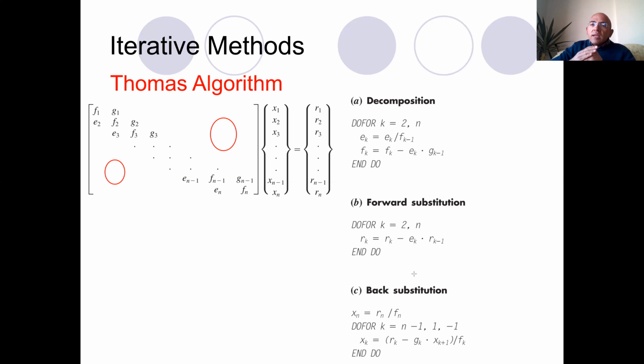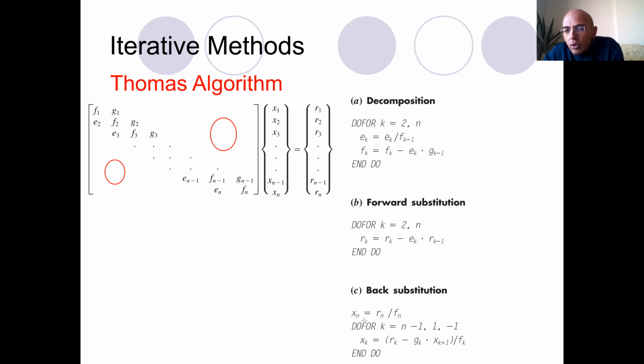So you can think like this. Now you have an upper triangular matrix. As a result, you can easily apply the back substitution by using these operations.